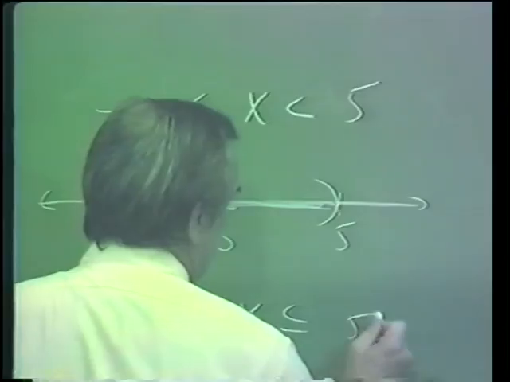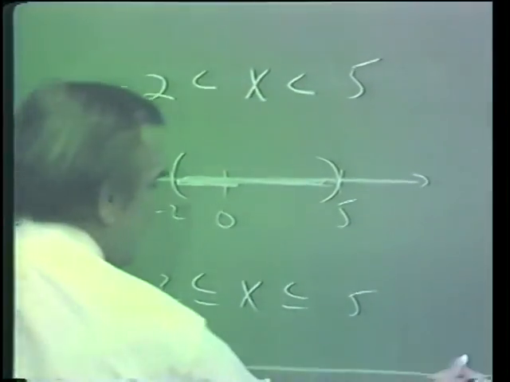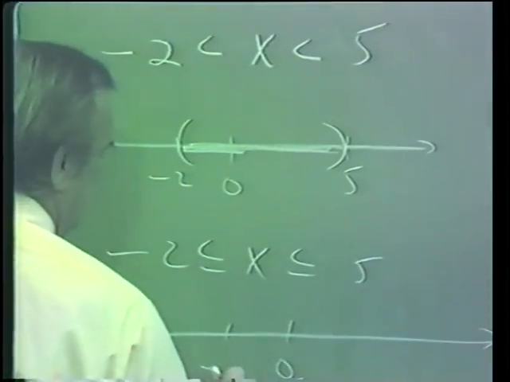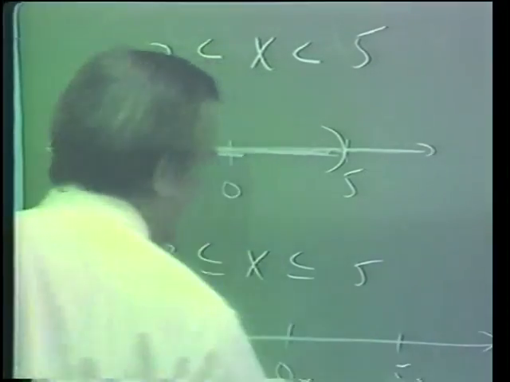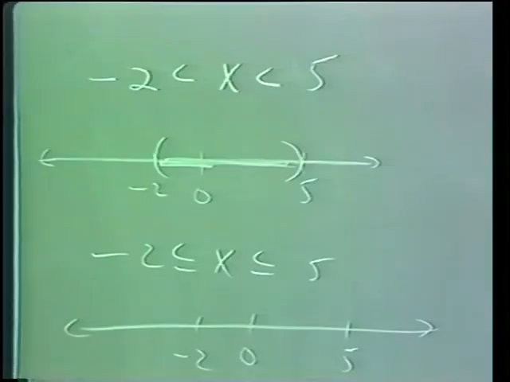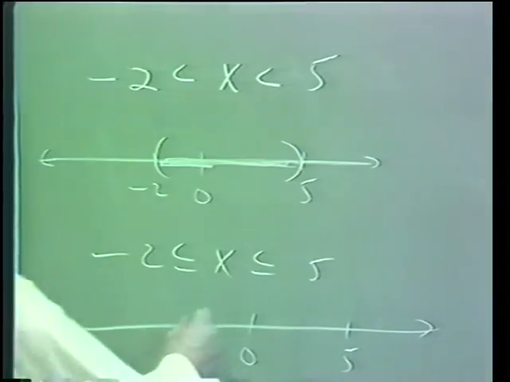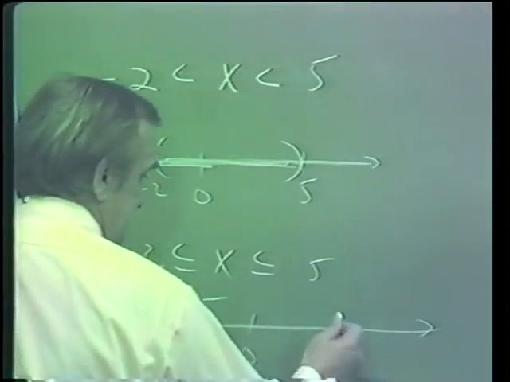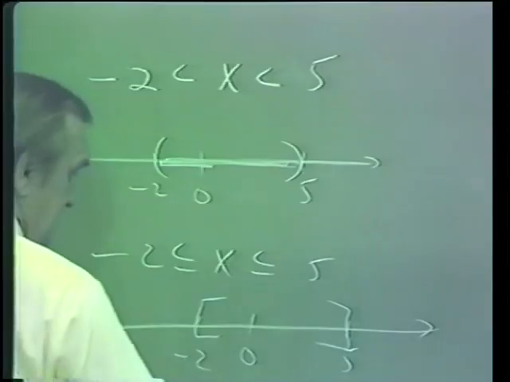Okay. Let's suppose we have this. -2 is less than x is less than or equal to 5. So again, we have -2, we have 5. What are we going to do there? Lynn? Include -2 by using a bracket. And at 5, bracket again, and shade in between. Very good.